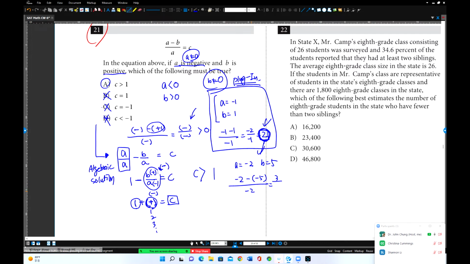A equals negative 2, B is positive, right? So negative 2 minus B. I'm sorry, I did it wrong. Over here, that is negative 7 over negative 2, which is 7 over 2, or 3.5. This is another possibility. You can try some plug-in numbers. They're both greater than 1, so you can choose this way. That's the best answer, but plug-in numbers sometimes work.